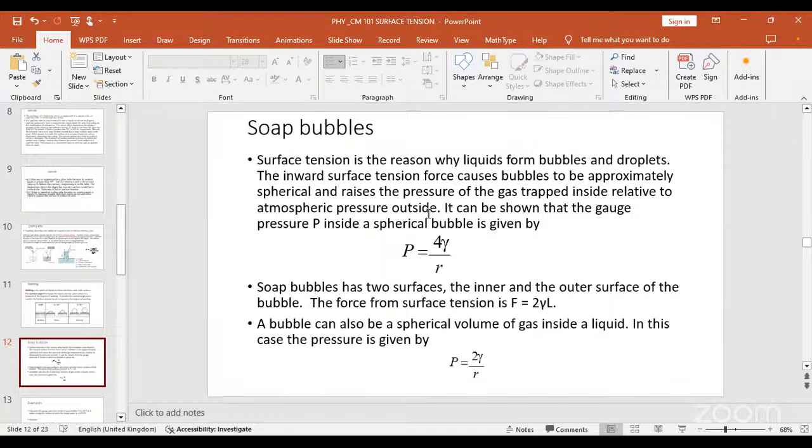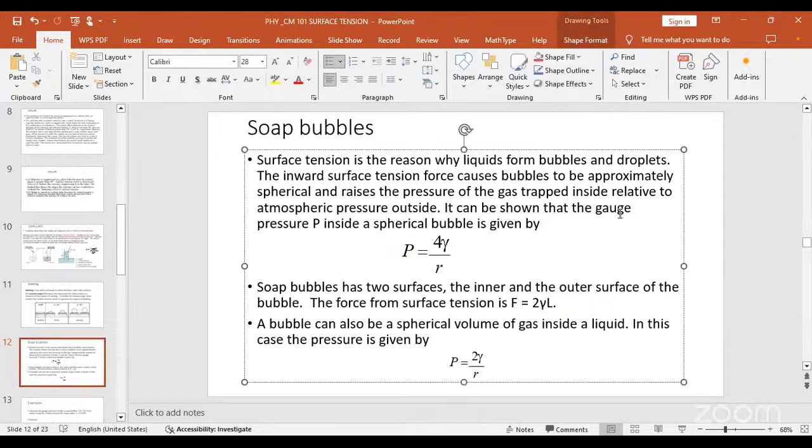We are talking about equal forces balancing. When we say a force has to balance, the forces are equal and opposite.